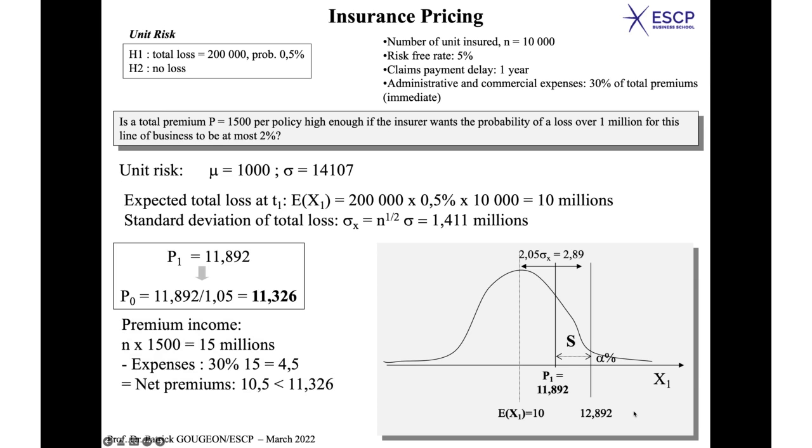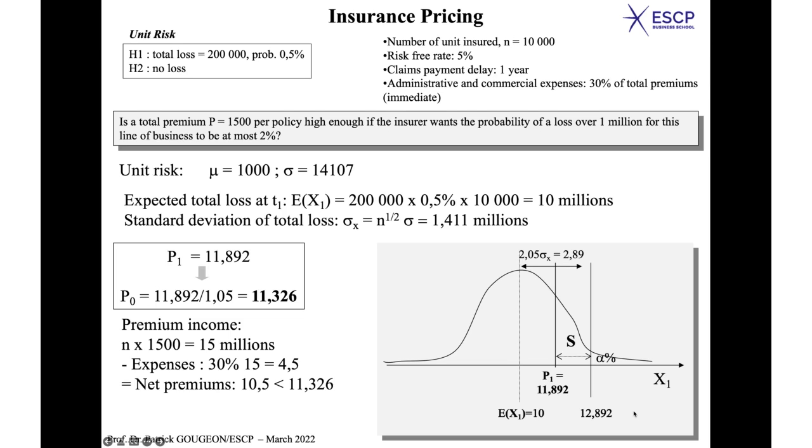Now, what would be the premium income? The premium income, we've seen that on the market, the premium is 1,500. If you have n times this, because we have 10,000 units, we would collect altogether 15 million. Immediately, we would have expenses, which would be 30% of that.